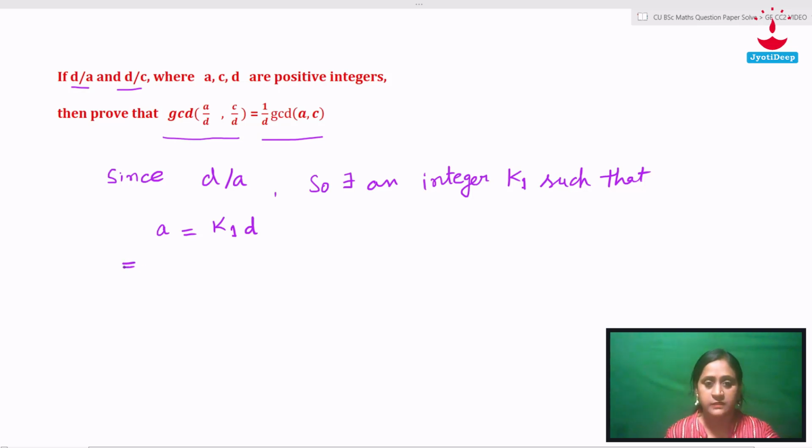Okay, this implies k1 is equals to A by D.